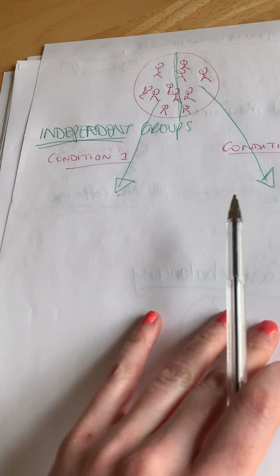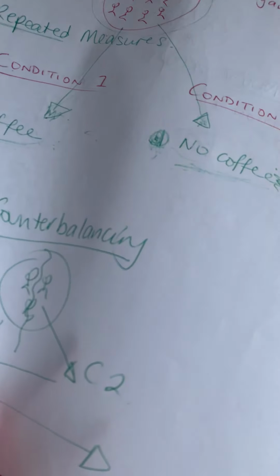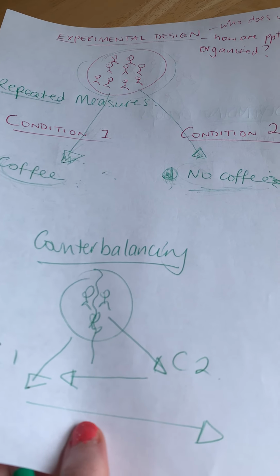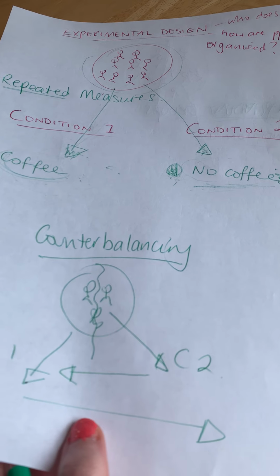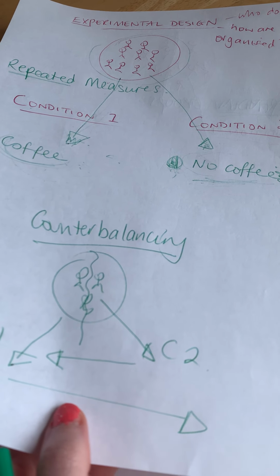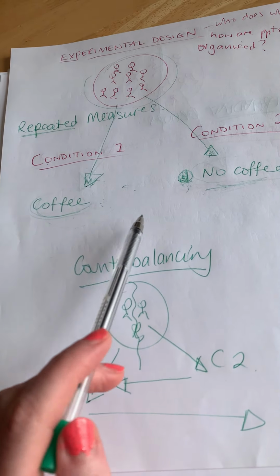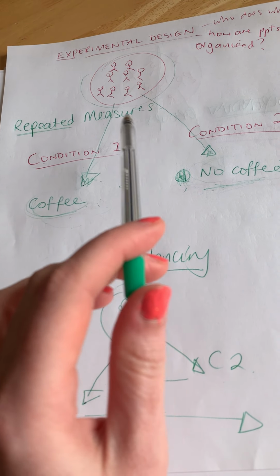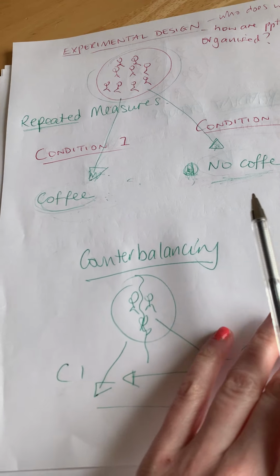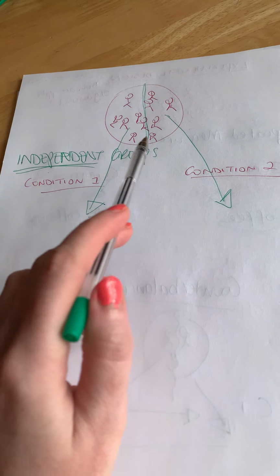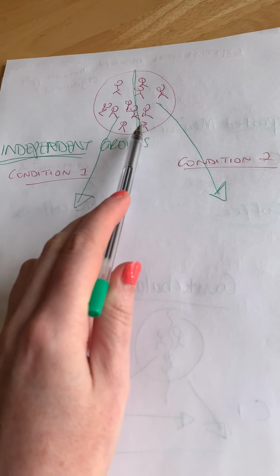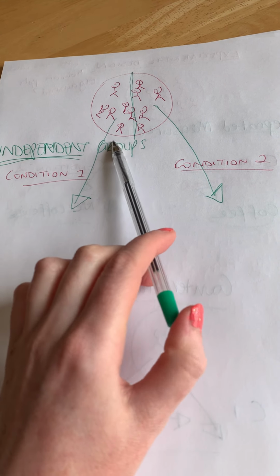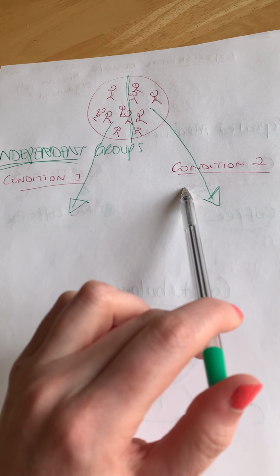So you will find with the independent groups compared to repeated measures, the advantages of one become the disadvantages for the other. So we said that the good thing with repeated measures is that we only needed one set of participants because everybody did both conditions. So therefore, a disadvantage of independent groups is that we need twice the number of participants because each group only does one condition.